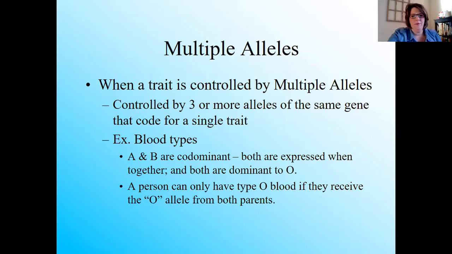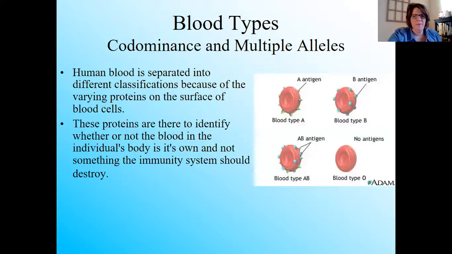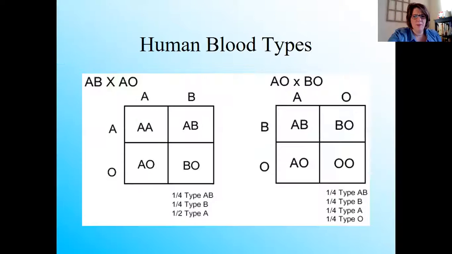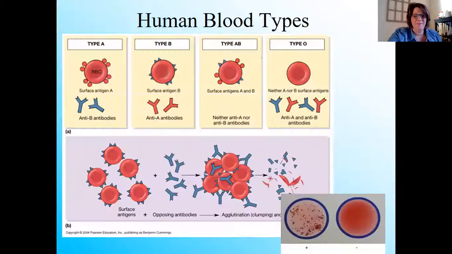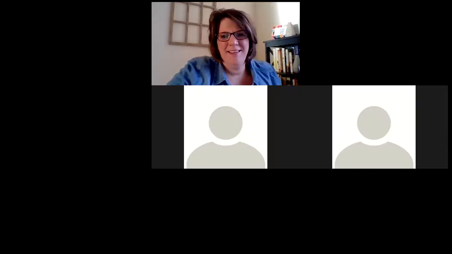Okay, I'm going to flip to the next slide here. Don't want to talk about blood type yet. So let me stop my sharing on that. And I'm going to give you another example that's not blood typing, and we'll talk about blood typing later. And we've got a simulation lab to do later in the week on blood typing.